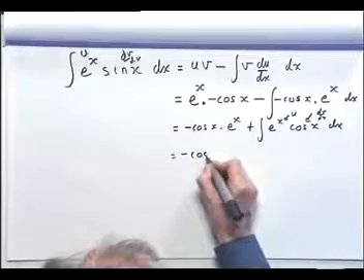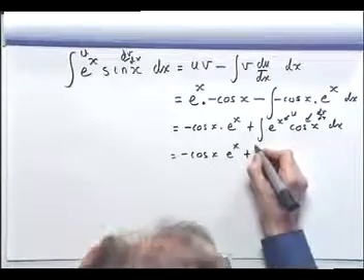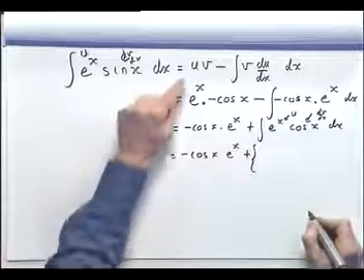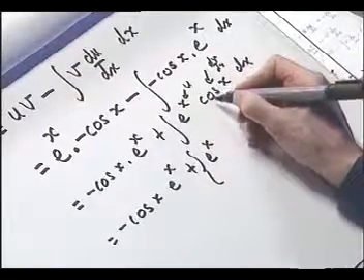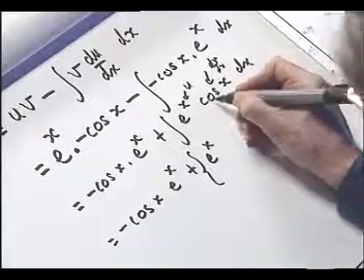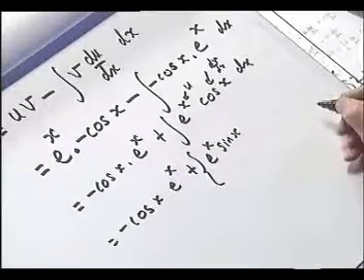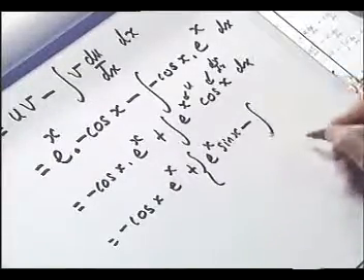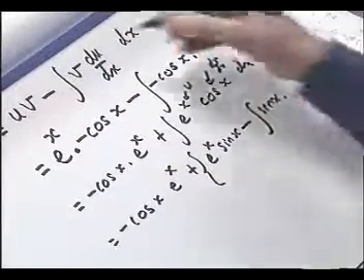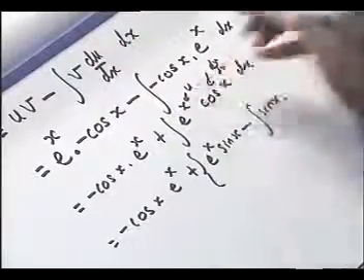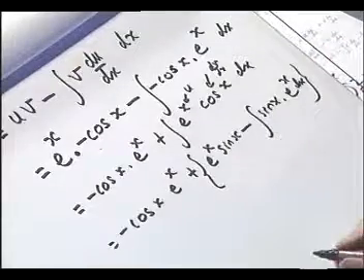So this is minus cos x times by e to the x plus, and a bracket, uv, u is e to the x, v, well, v is now the integral of cos x, and the integral of cos x is sine x, minus the integral of v, which is just sine x, times du by dx, and du by dx is e to the x dx, and close the bracket.